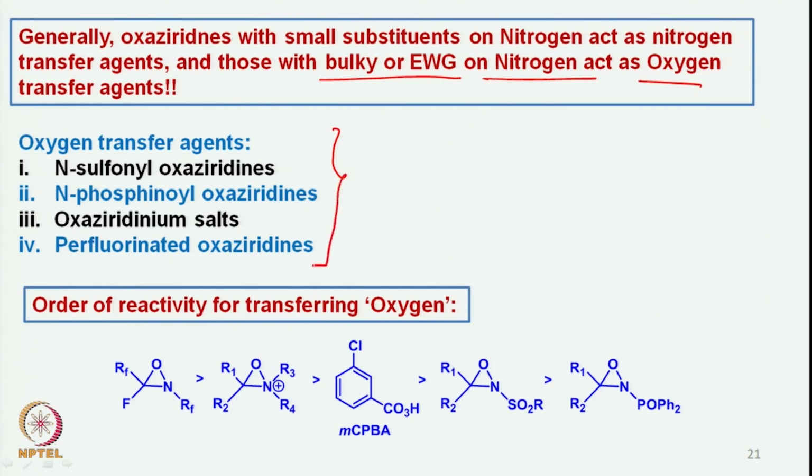There are 4 of this kind that I have already shown here: N-sulfonyl oxaziridines as shown here, then N-phosphinoyl oxaziridines, then oxaziridinium salts, which are here, then perfluorinated oxaziridines. These are the 4 different types of molecules which can transfer oxygen to a nucleophile.